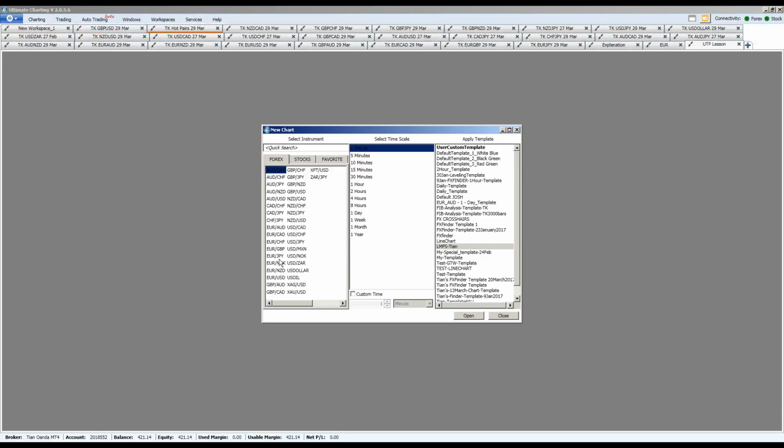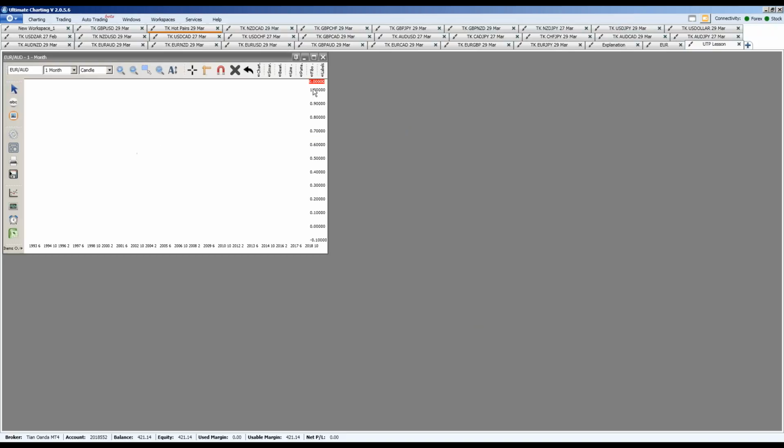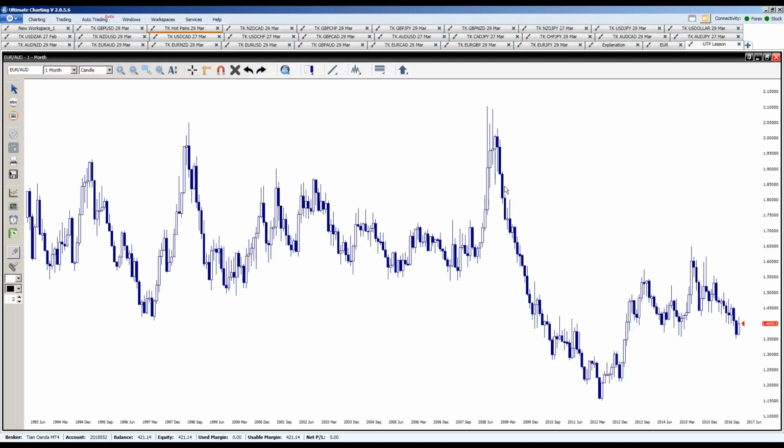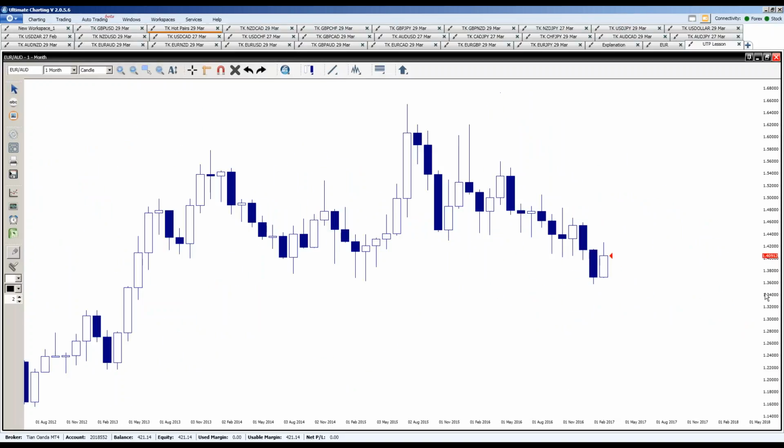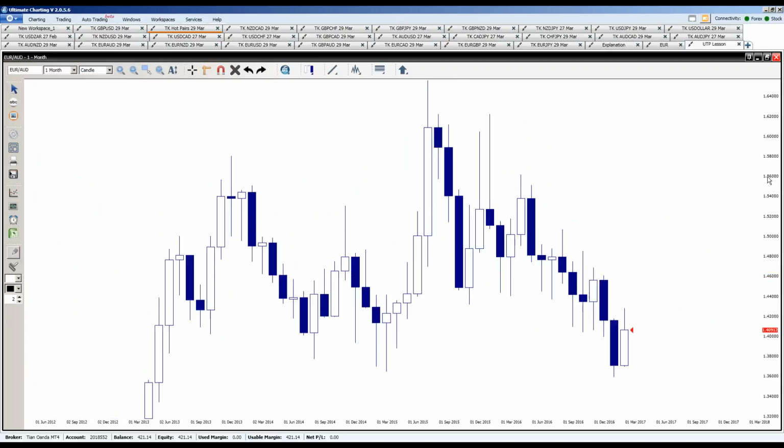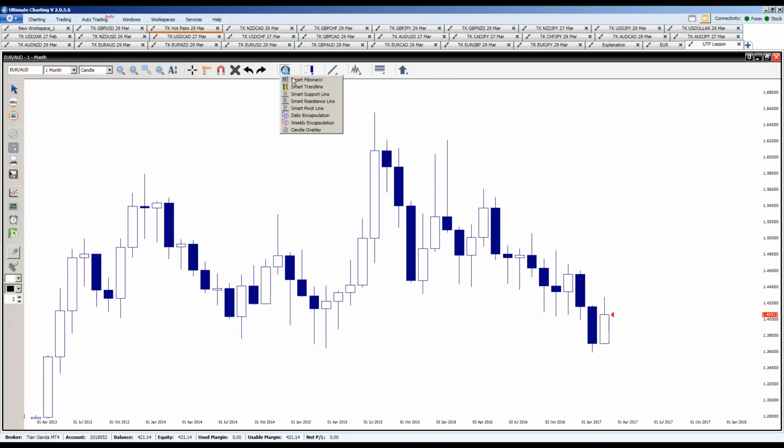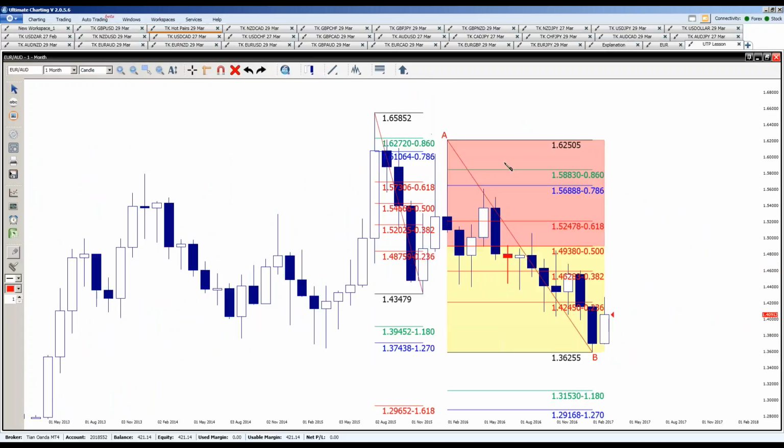Euro Aussie. Just have a look at this most recent move here. Market hit the D extension, right?